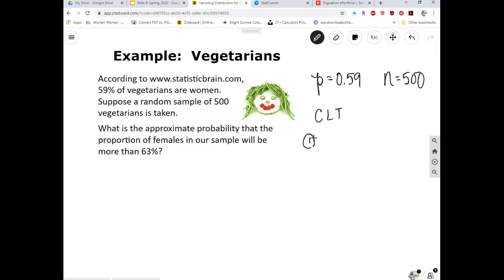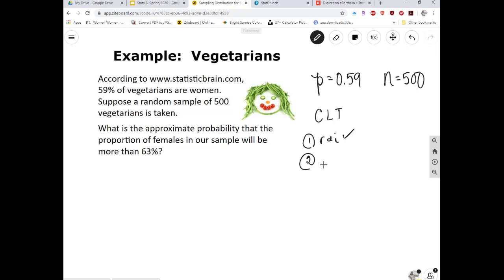The first condition I'm going to check is that this is a random and independent sample. Well, it says it's random. It doesn't say it's independent, but I'm going to assume that. So random and independent, check. Number 2, I'm going to check that my successes and my failures are both greater than 10.